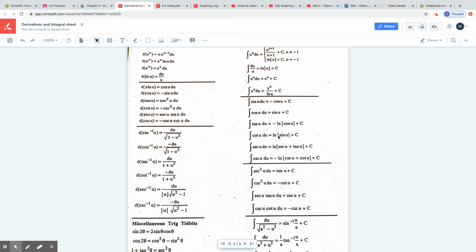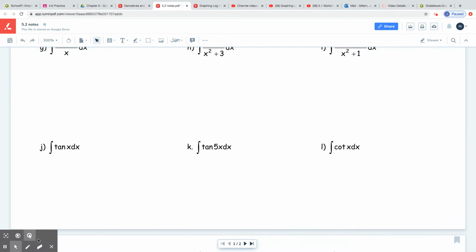You would end up getting the same answer, but save yourself time. There is nothing after it, so our u is just our x. So it is the natural log of the absolute value of sine x plus c. And there's our answer.